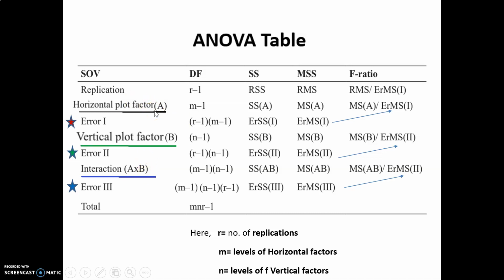Interestingly, in the strip plot design, 3 errors are there, namely error 1, error 2, error 3. Error 1 is related to the horizontal factor, error 2 is related to the vertical factor, and error 3 is related to the interaction factor. As a particular mean sum of squares is divided by a particular error, that's why errors are related to particular factors.